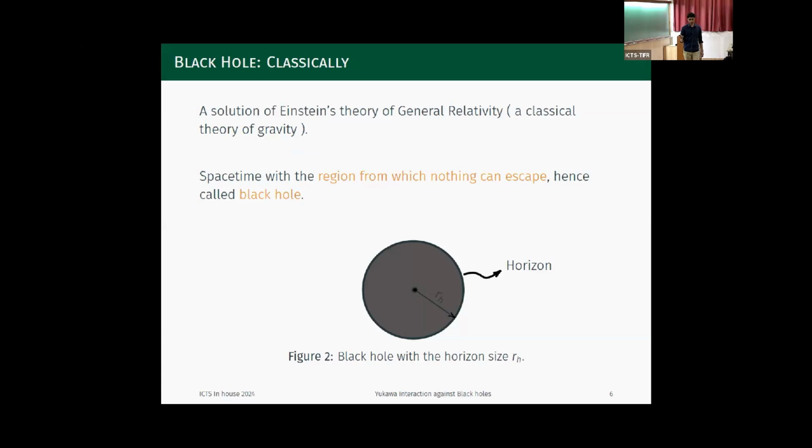So with this Yukawa interaction background in mind, let's take what black hole means to us. For this talk, I'm just going to say that for us, a black hole is a solution of Einstein's theory of gravity, a space-time which has a region from which nothing can escape, called a black hole. As you can see in this diagram, the dark region represents the interior of the black hole, and the boundary of that region is called the horizon, with the horizon size represented by RH.